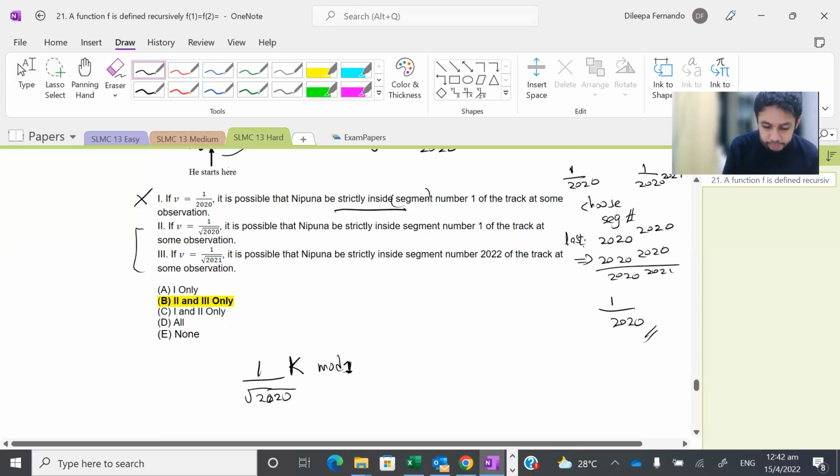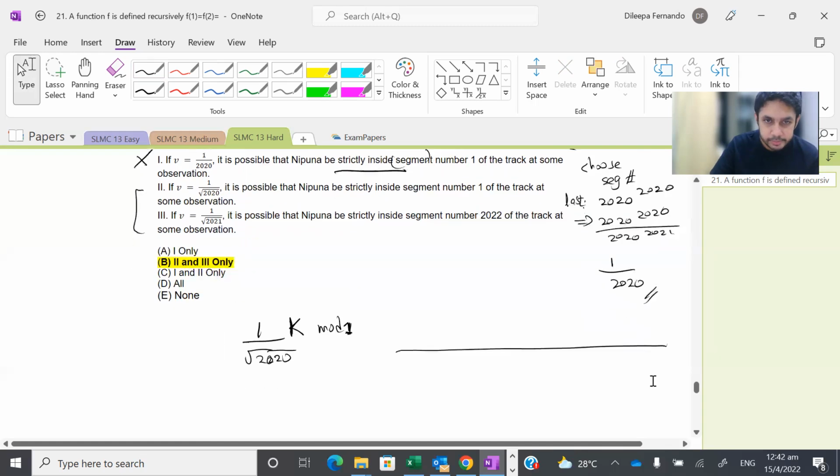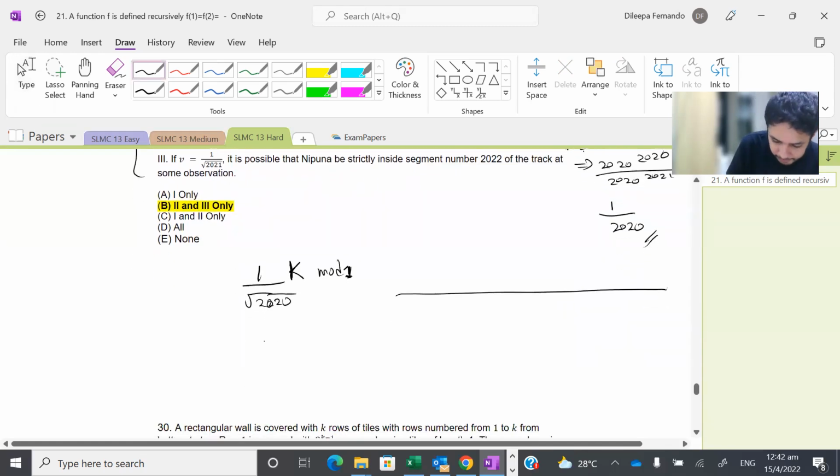So if we don't consider modulo 1, just see like this extended line. So 1 over 2020 into K should be equal to, so this is the length of one segment, into some number, right?